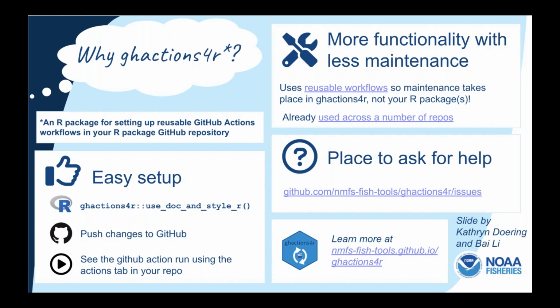You commit and push those changes up to GitHub, and this GitHub action should be up and running in your repository. So we have things like jobs for R command check, doc and style, and other routine tasks that are common for R packages.